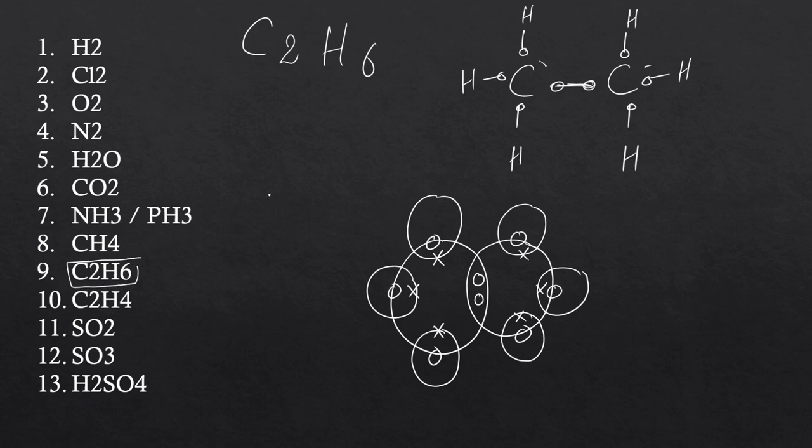So now it is C2H4. C2H4 means a carbon to carbon double bond. If there's a carbon to carbon double bond, the number of hydrogens is less. Here we have 6 hydrogens, but here we have 4 hydrogens. For example, we have carbon and carbon. This carbon is connected with 2 hydrogens, 1, 2.